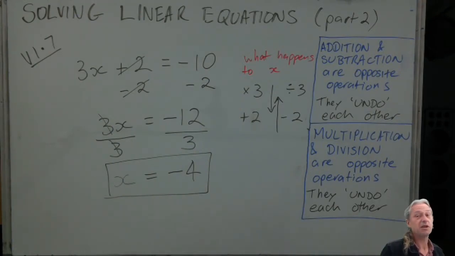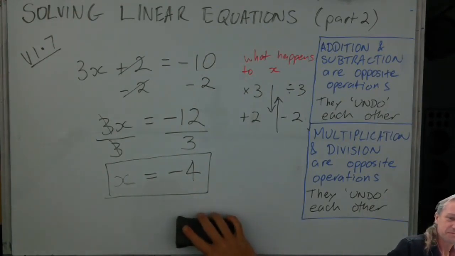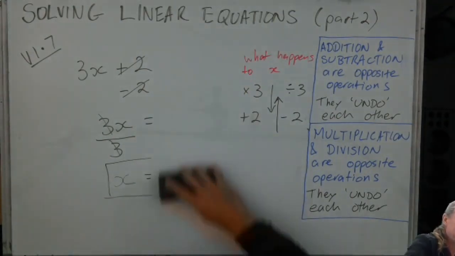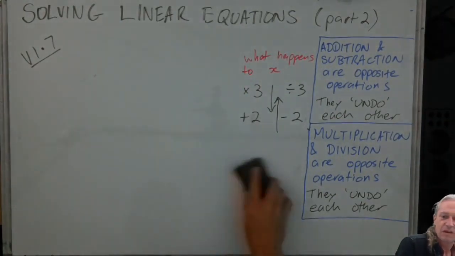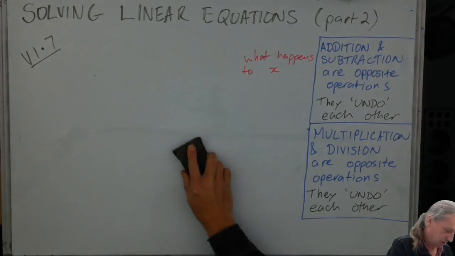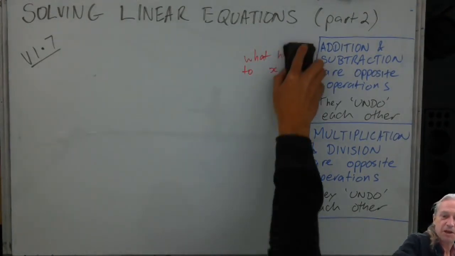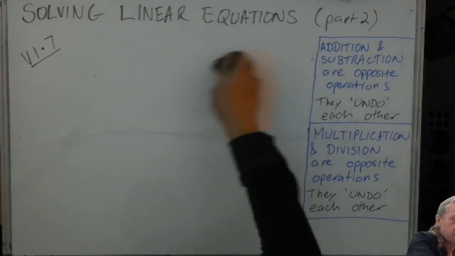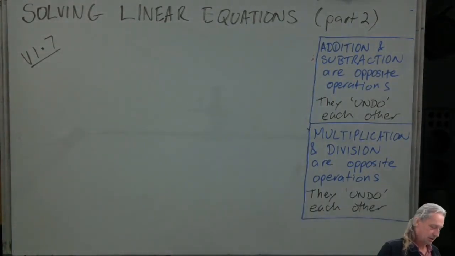Okay, so the next 3 examples, we're going to have to do some collecting like terms as well. Let's get rid of this one. Right, so I'm going to get rid of that. We'll stop doing that for now because this is slightly different.